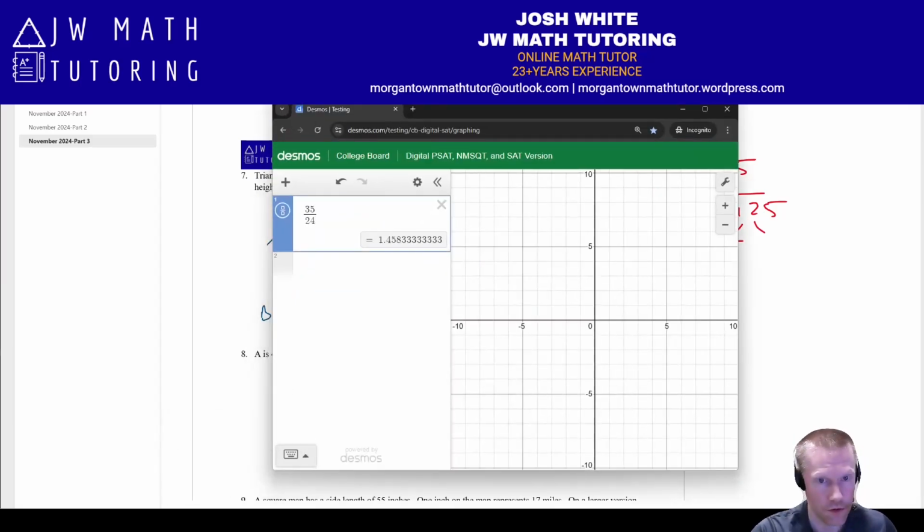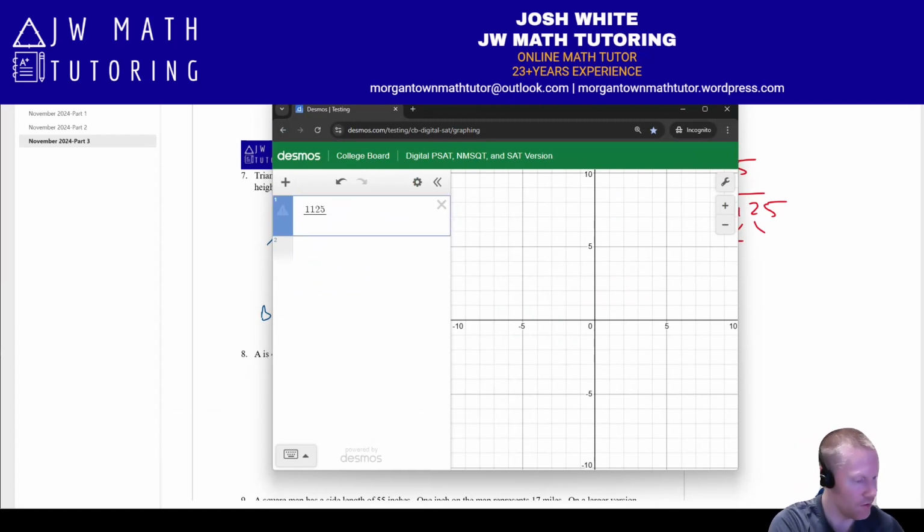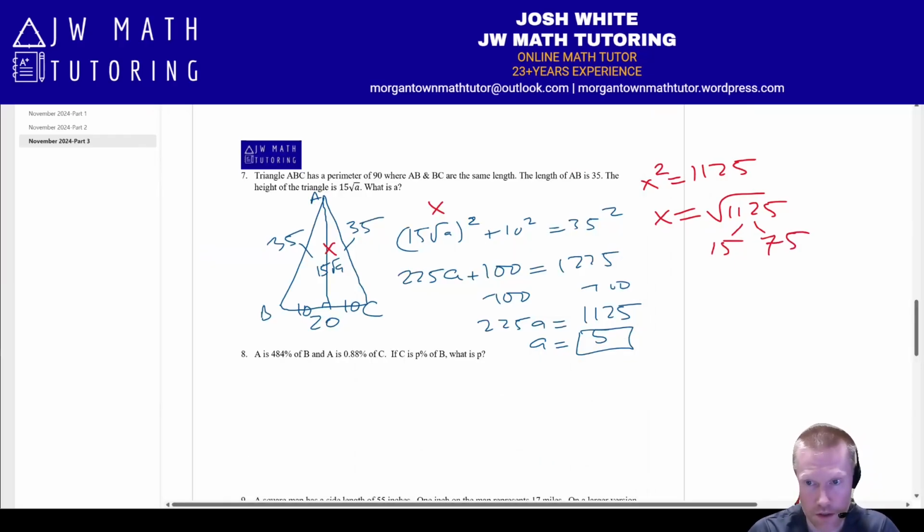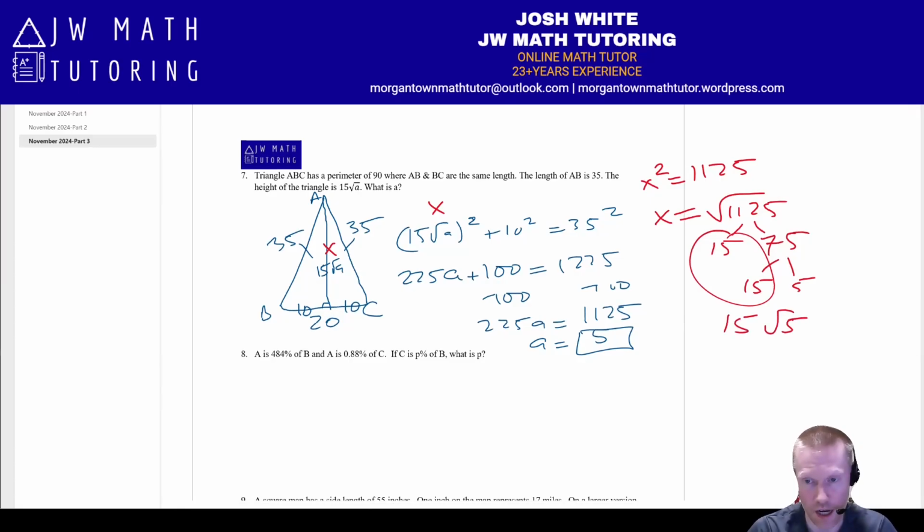So you'd say, okay, 1125 divided by 15, that's 75, and then you'd say 15 and 5. Okay, now I know that this simplifies to just 15 root 5, and then you could say, well, obviously A has to be 5. So if you wanted to do it that way, that's perfectly fine. Again, you get the same answer. It's the same general approach using Pythagorean theorem, but just a slightly different way to think about it or approach it.